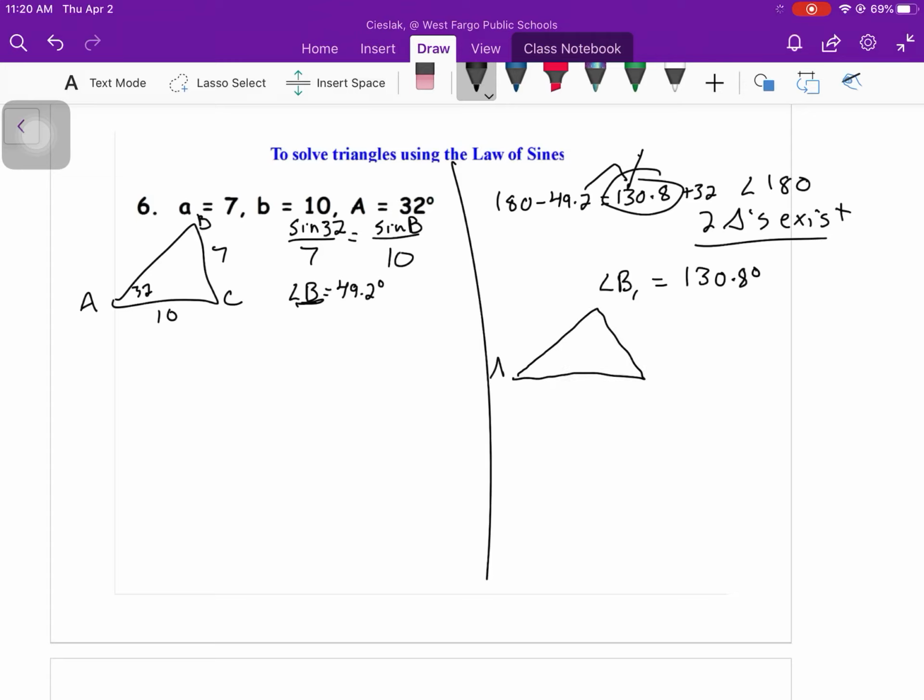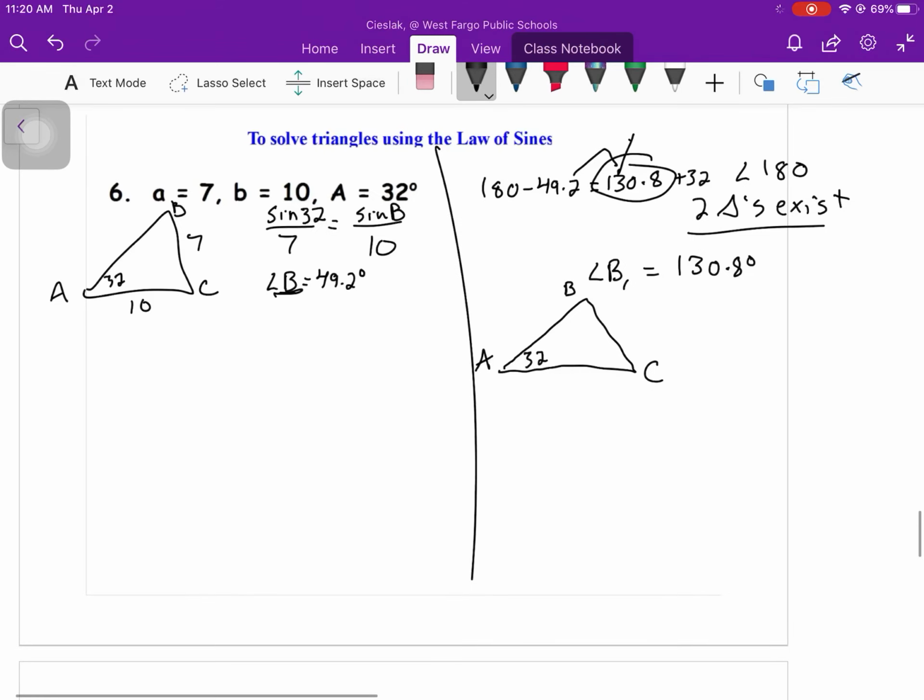So before I mess something up, I'm going to just redraw my triangle here with everything I know. So ABC, this is 32, 7, and 10. And then we said B on this one was 130.8. B over here was 49.2. Okay. Angle C on this one, by taking 180 minus the 2, is going to give me 98.8.